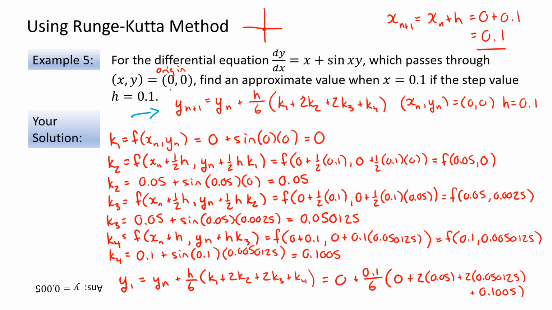If you calculate this out, we get that our next y point is actually equal to 0.005.